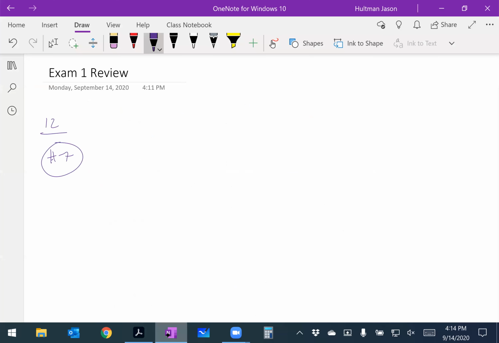So we have 3 points in space basically that are going to create this triangle, which is going to create a plane. We'll call this A, B, and C. And we want to find the median of AB.